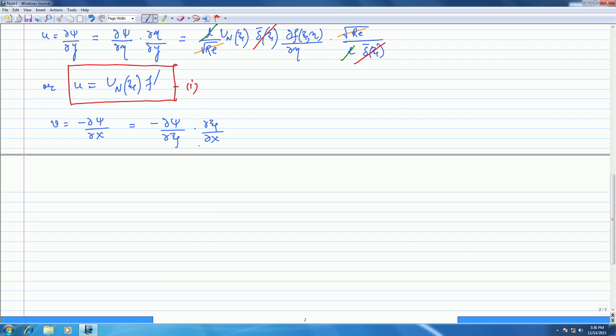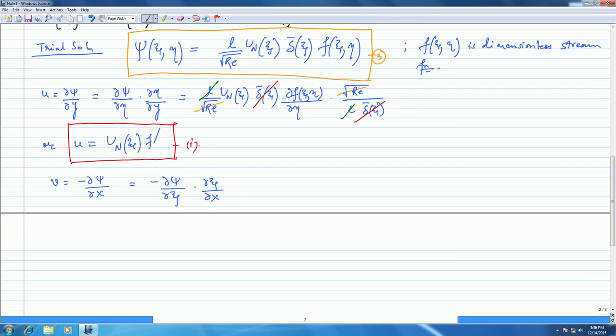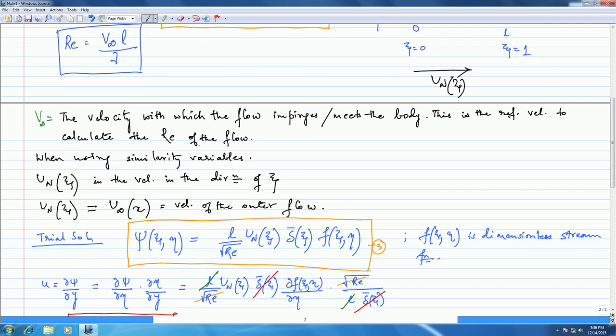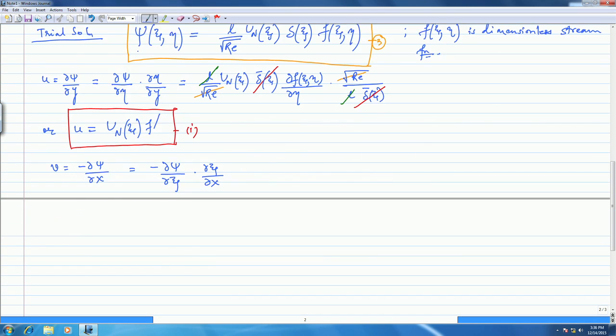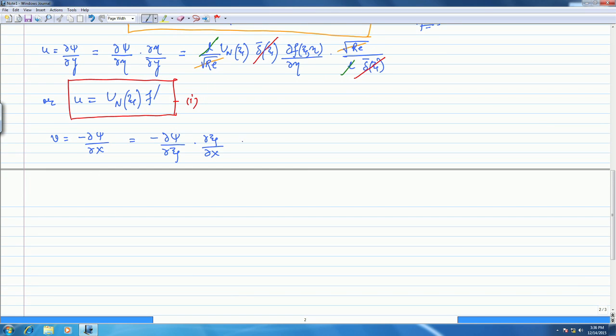And if you see from here, del zeta by del x is basically from 1, if you see, 1 by L. So I can write this as minus 1 by L del psi by del zeta.